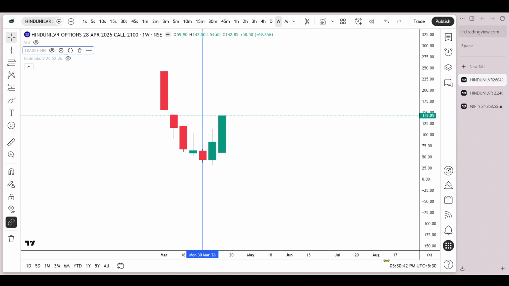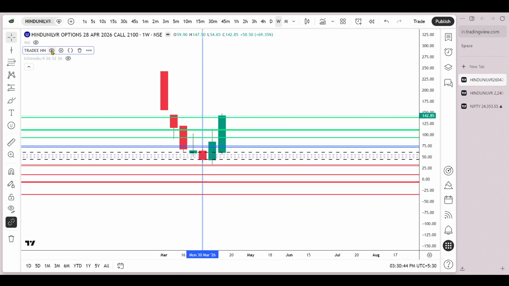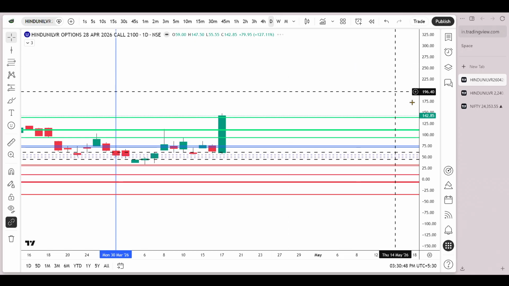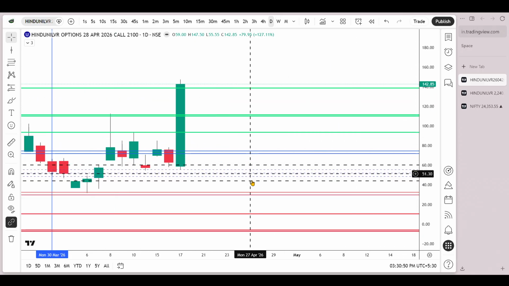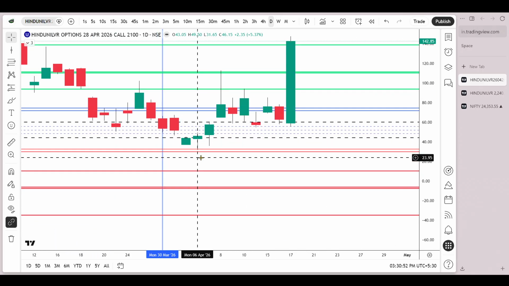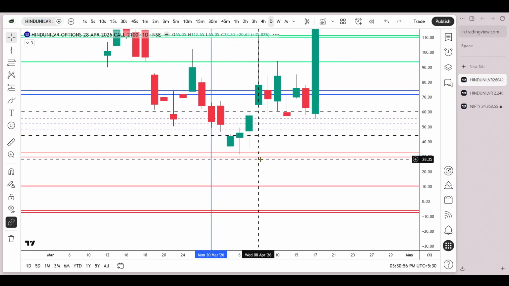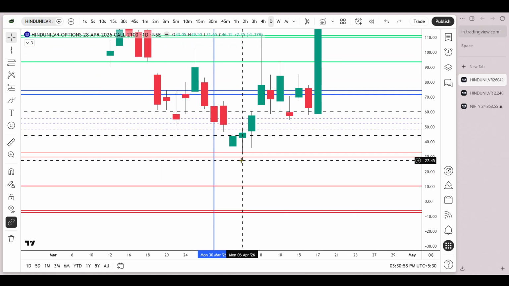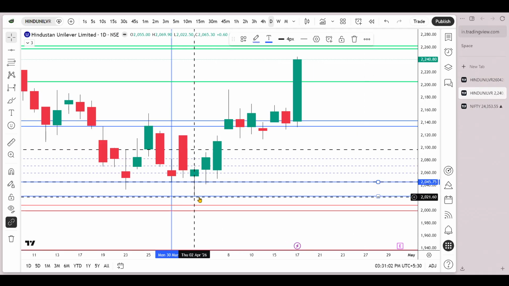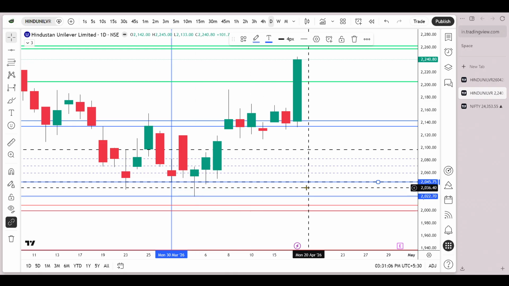I have mostly already marked it, no problem. Now we'll come to the daily time frame. Here on April 6th it has formed a hammer. April 2nd formed a hammer. Here also, these are more or less hammers only.